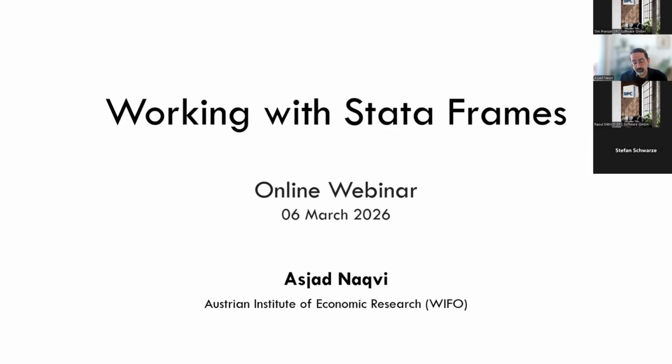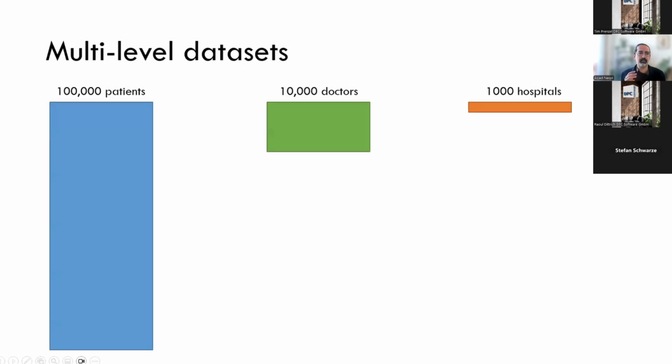If you've used the maps geoplot command, it uses frames in the background. So basically you have multiple map layers stored in the background. But let's start with an example that might be more relevant to some of your work, right?